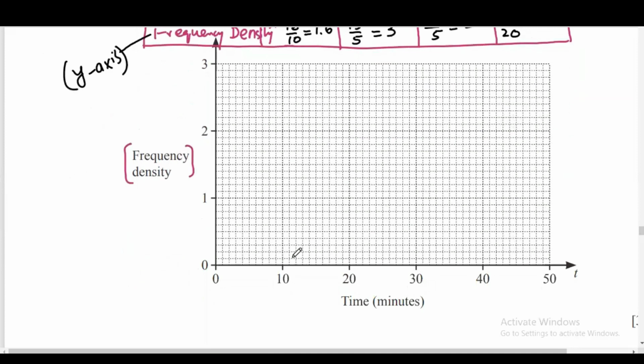So 10 till 20 is here, and the height will be 1.6. So draw a rectangle.